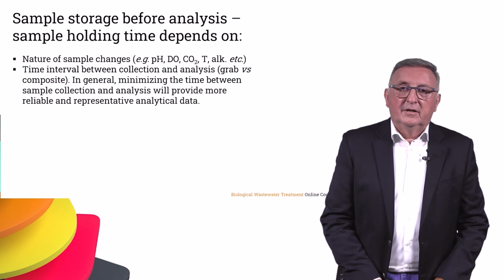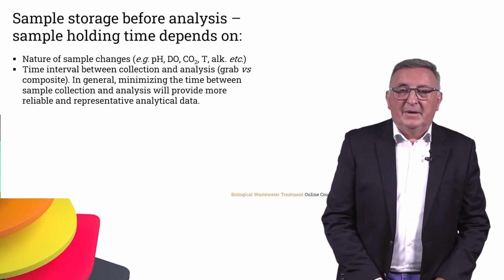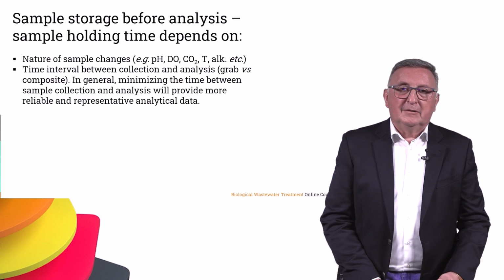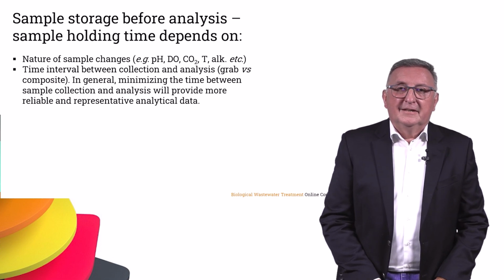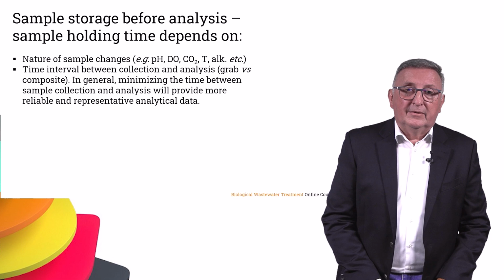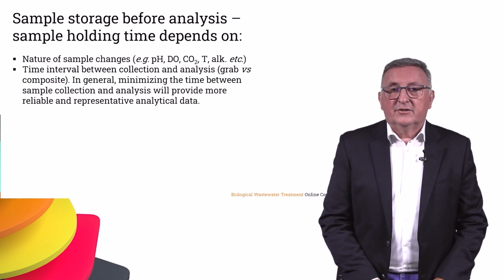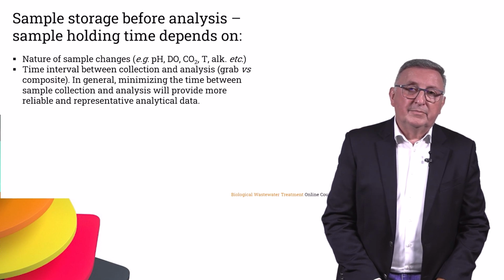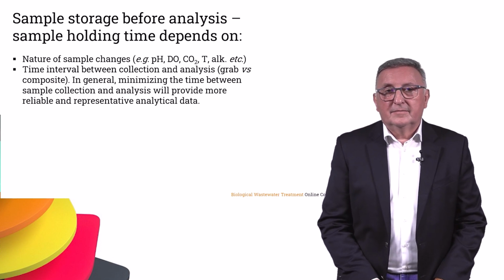For example, there is a difference between grab versus composite samples. Because a grab sample is an instantaneous sample and can be immediately transferred and preserved, while composite samples, if it's a 24-hour composite sample, can take 24 hours difference between the first composite and the last composite.